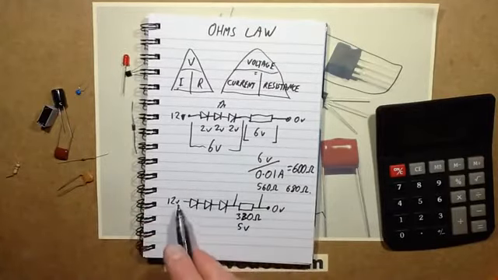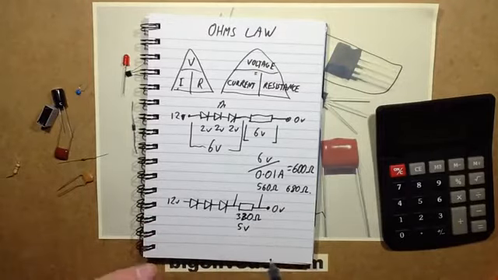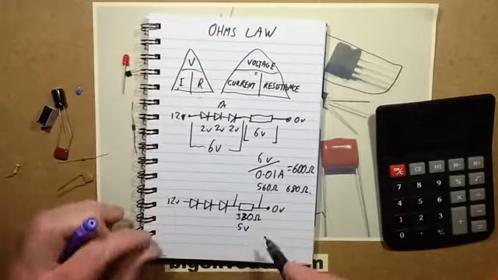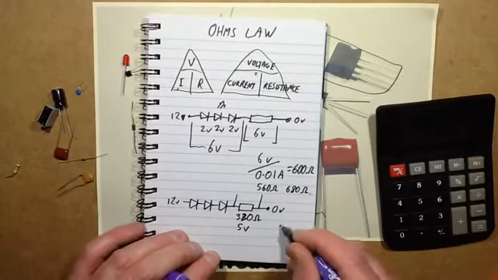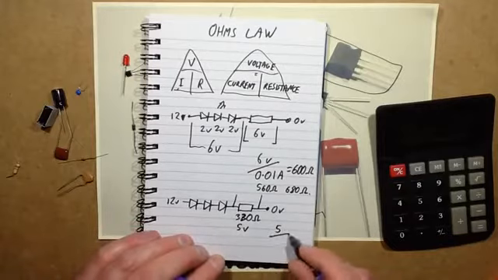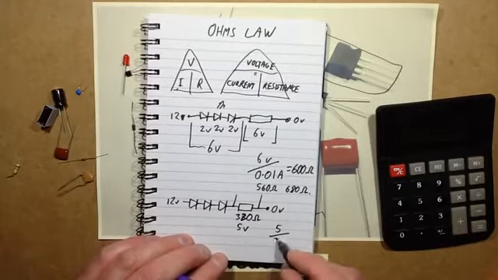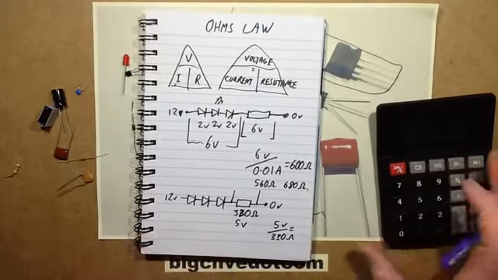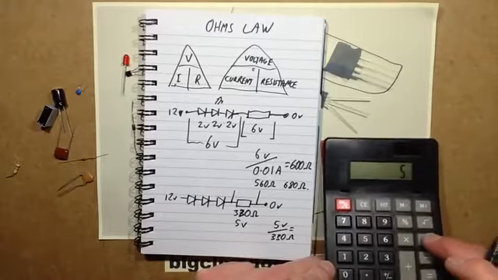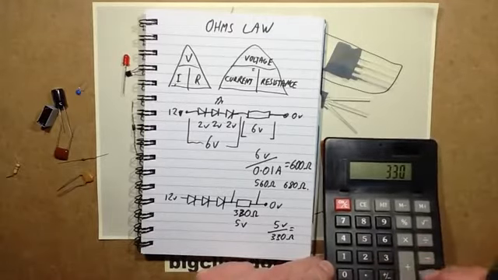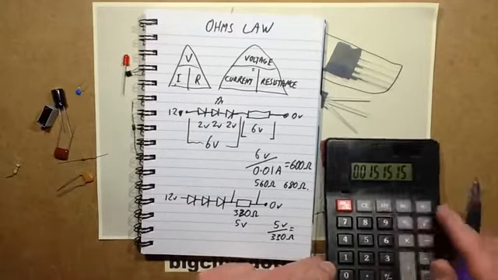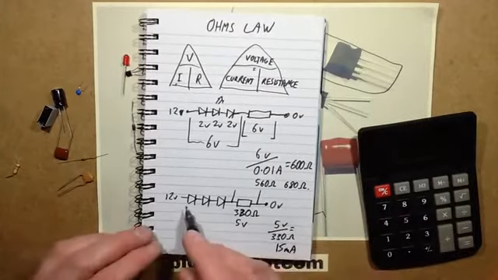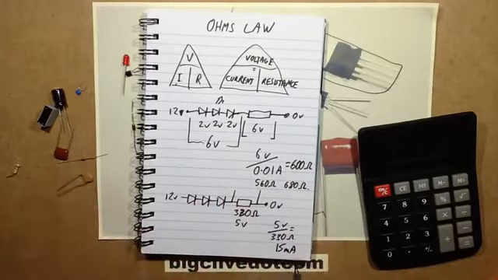To calculate how much current's flowing through that whole circuit, you would use the formula I equals V over R. So that's the voltage dropped across the resistor divided by the value of the resistor, which is 330 ohms, equals, so that's 5 volts divided by the 330 ohm resistor value equals 0.015. So the answer is, it's drawing about 15 milliamps. The 15 milliamps is passing through that circuit. So it's useful to be able to do it that way.